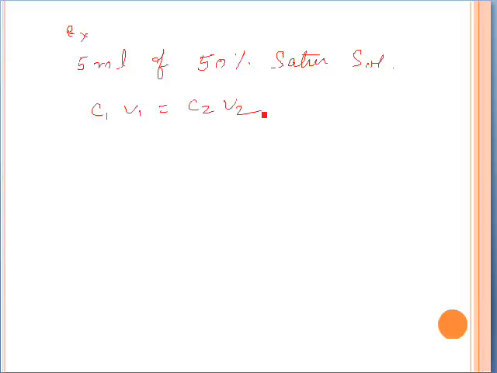So here we take one more example. If we want to make 5 ml of 50% saturated solution, we put the values in the formula C1V1 equal to C2V2. V1 becomes 5 plus X, because 5 is the volume that we have and X is the volume that we want to add, multiplied by 50%, the saturation we want to make, equals X, the volume that we have to calculate, multiplied by the 100% saturated solution we have.